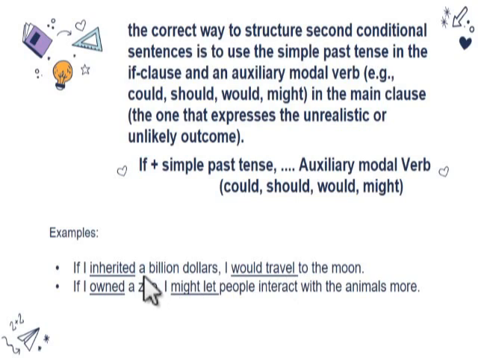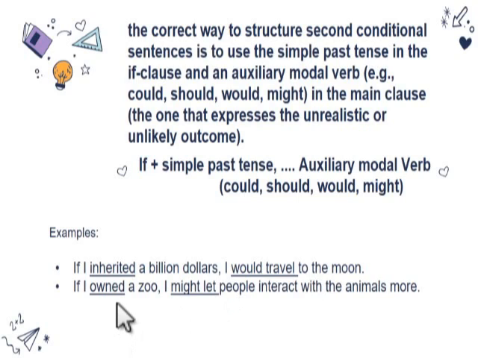If I inherited $1 billion means that you don't have that money, so you are kind of dreaming like that. If I inherited $1 billion, I would travel to the moon. Travel to the moon. That's something unrealistic.